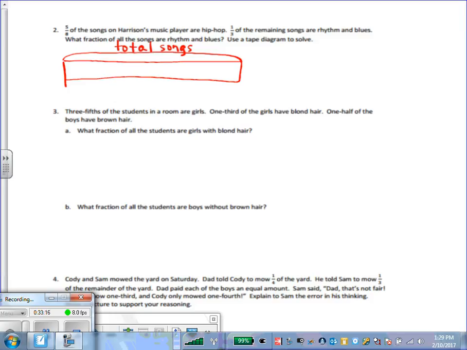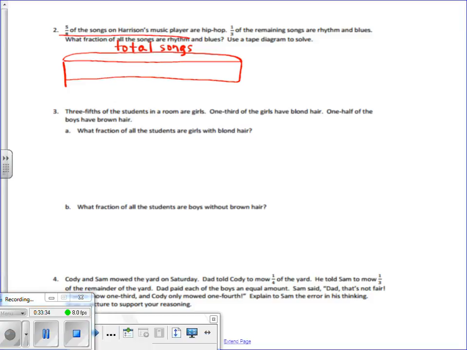We know that 5/8 of the songs are hip hop. So how many sections of the tape diagram should we have? 8. Because this tells us right here how many sections we should have. Because 5 of them are hip hop. So we should have 1, 2, 3, 4, 5, 6, 7, 8. So 1, 2, 3, 4, 5.